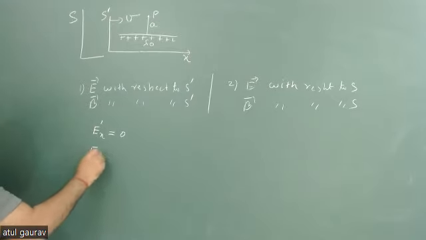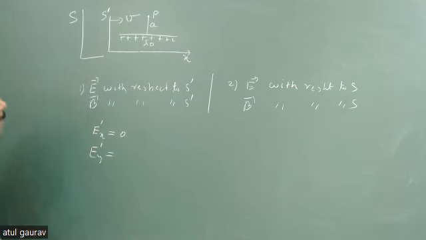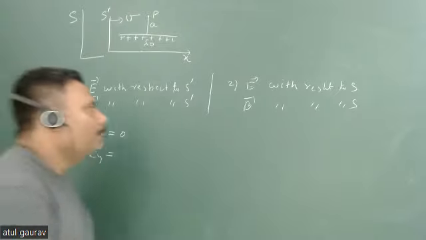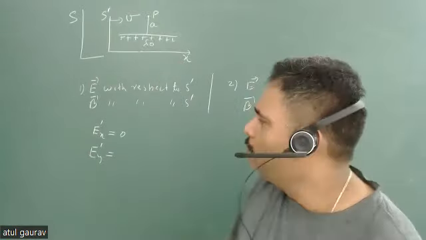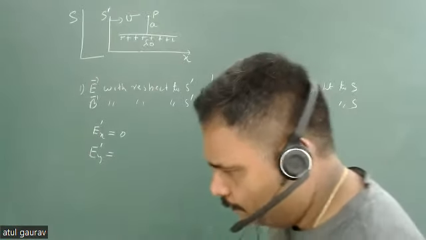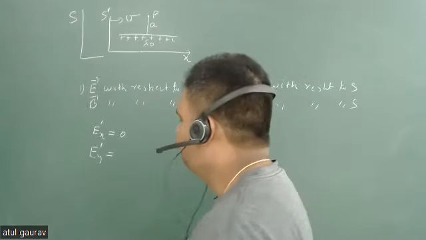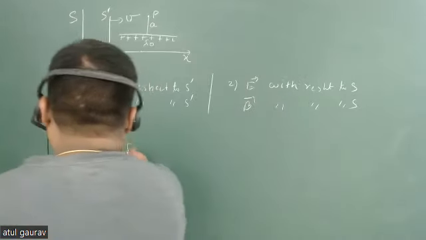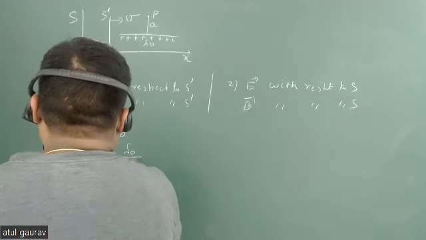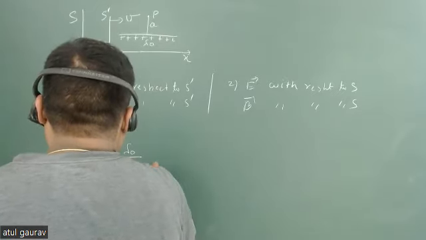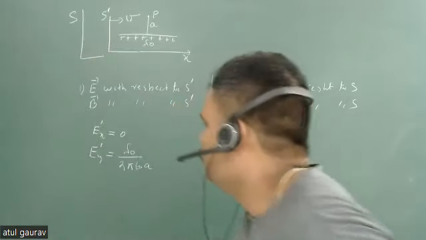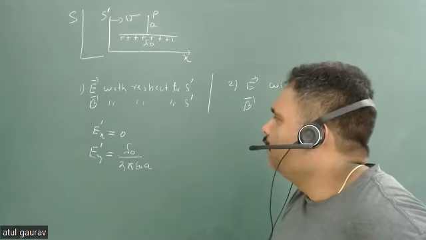What will be your Ey dash? Tell me. Just what you have read in electrostatics, I am talking about that. What will be your Ey dash? Lambda naught upon 2 pi epsilon naught A. Very good. Everyone is comfortable?